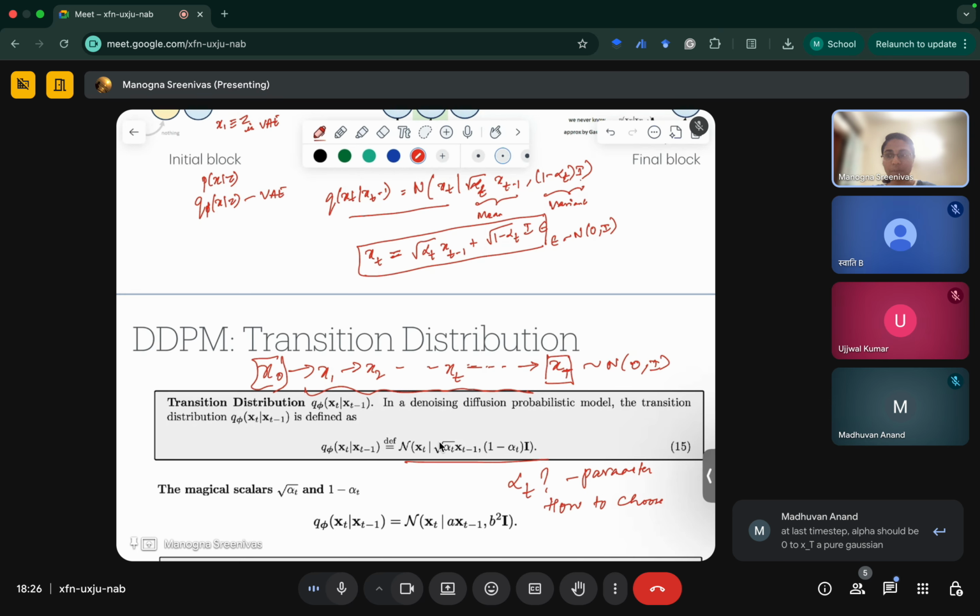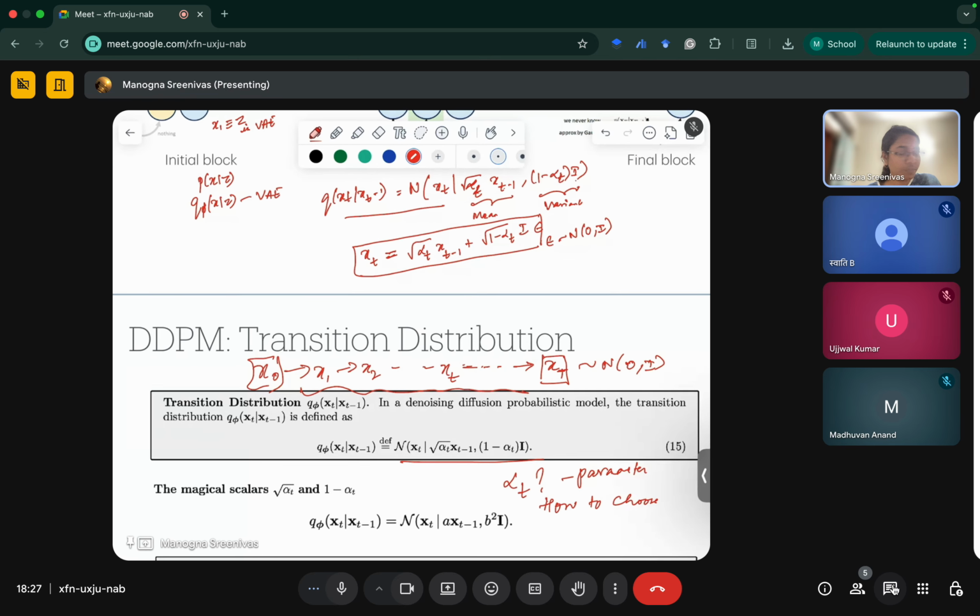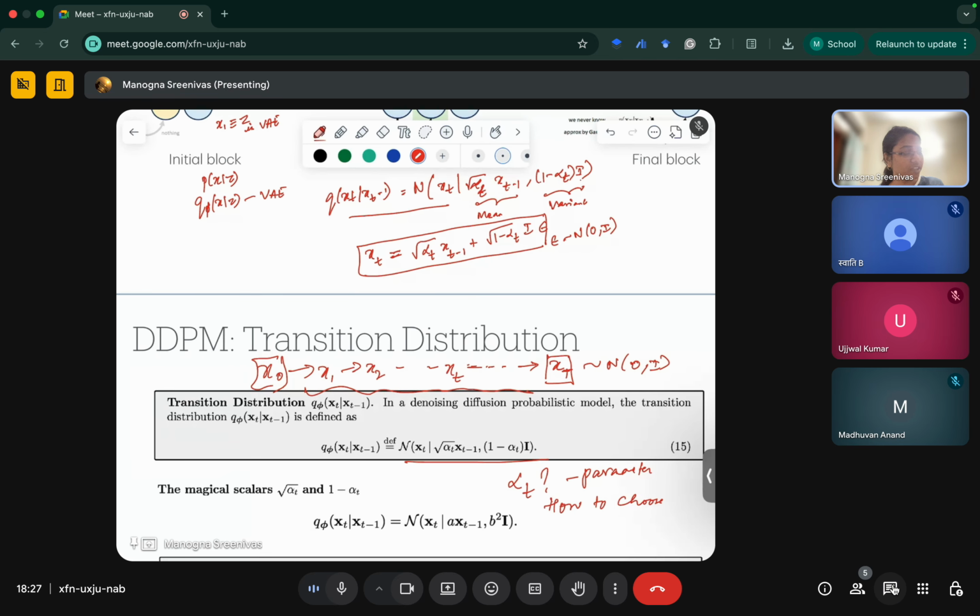At the last time step, xT should be a pure Gaussian. So you should choose alpha t such that at the end your capital xT will become this.